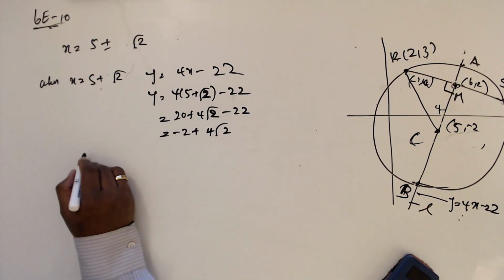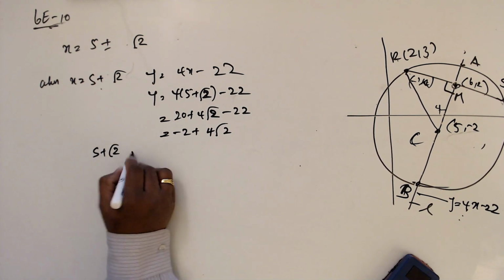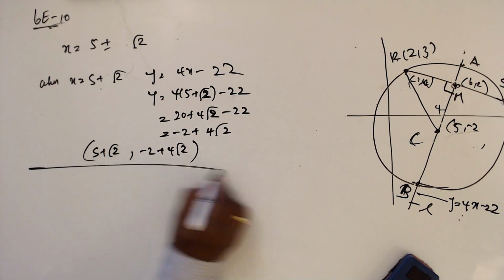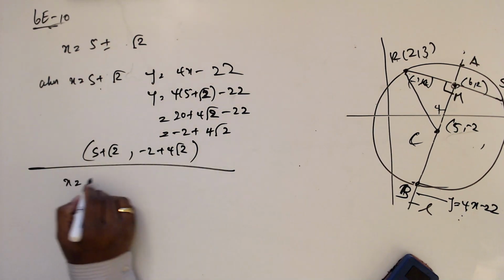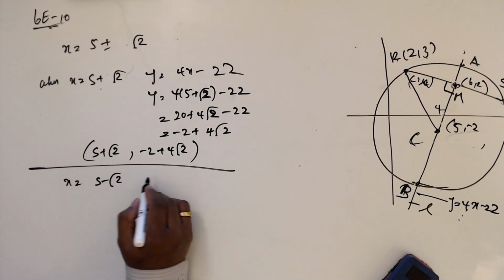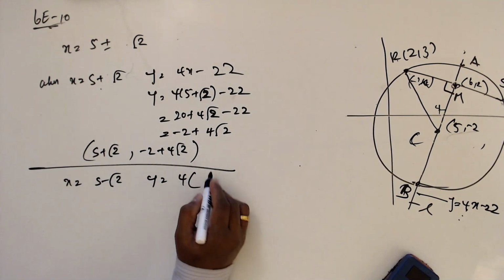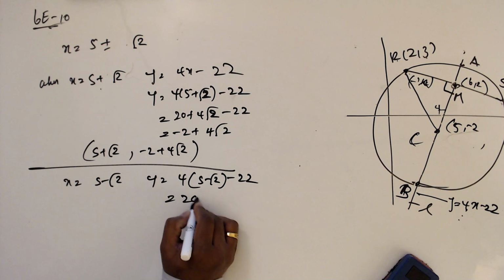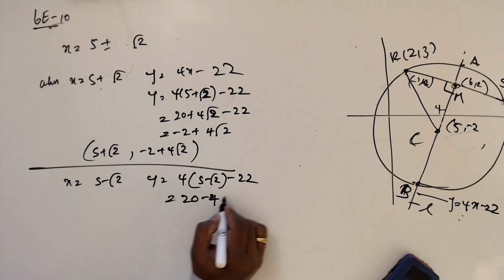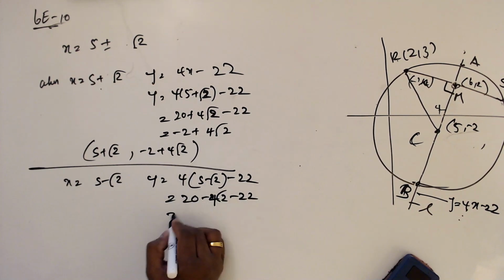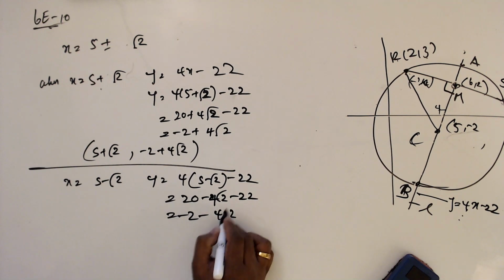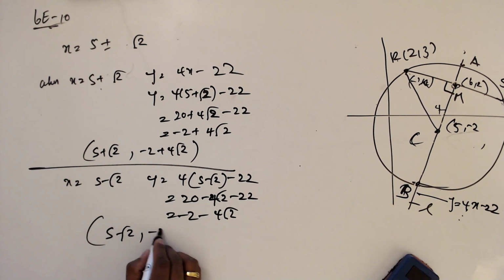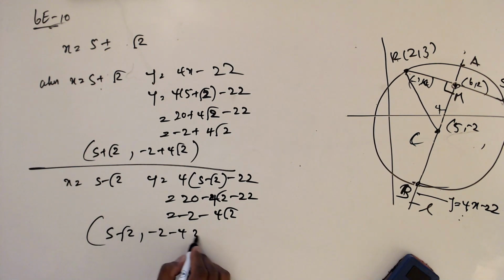The point is then 5 plus square root 2, minus 2 plus 4 square root 2. X equals 5 minus square root 2, then y equals 4 times 5 minus square root 2, minus 22, 20 minus 4 square root 2 minus 22, minus 2 minus 4 square root 2. So 5 minus square root 2 and minus 2 minus 4 square root 2.